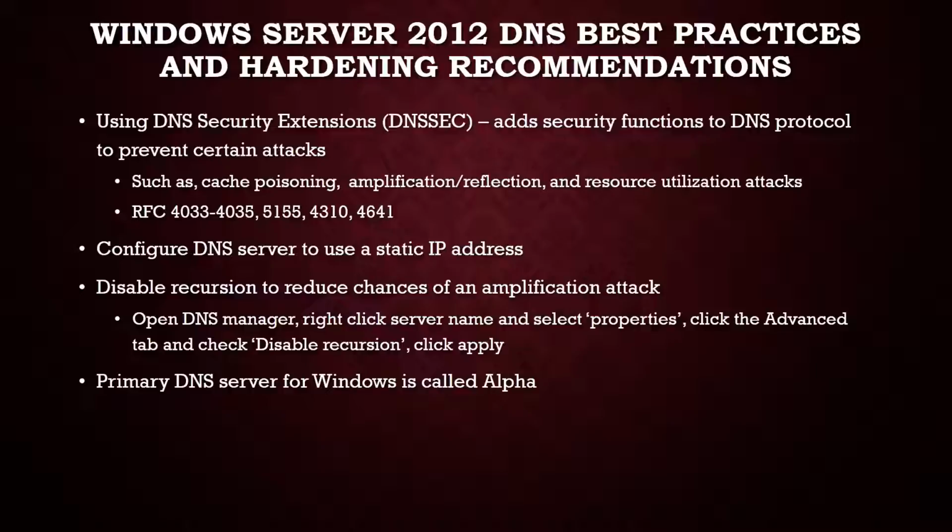An amplification and reflection attack is when attackers use DNS open resolvers to increase the volume of attacks and to hide the true source of an attack. Actually, they typically result in a DoS or DDoS attack. They're possible because the open resolver will respond to queries from anyone asking a question.